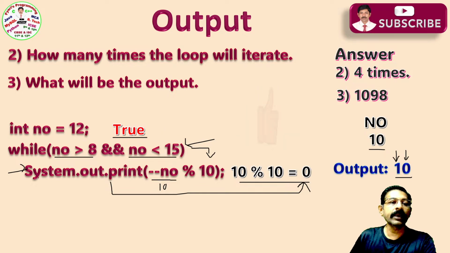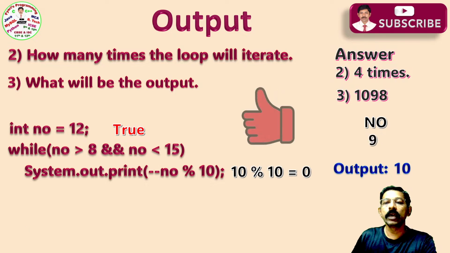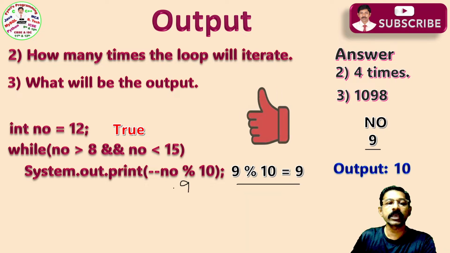NO value is 10. 10 greater than 8. Condition true. 10 less than 15. Condition is true. Hence both conditions are true and the AND operator result is true. It will execute the body of the loop where minus NO will be done. So it will become 9 now. 9 modulo 10. Remainder is 9. Hence the result of this expression is 9. It will display 9.